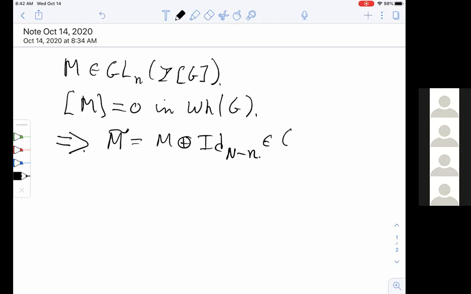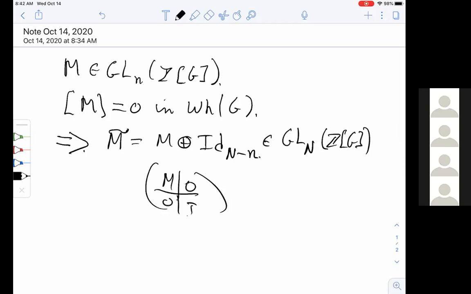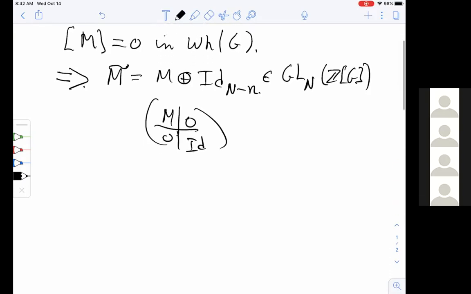So this is just the image of the element M in a larger matrix group: M here, 0, 0, identity.